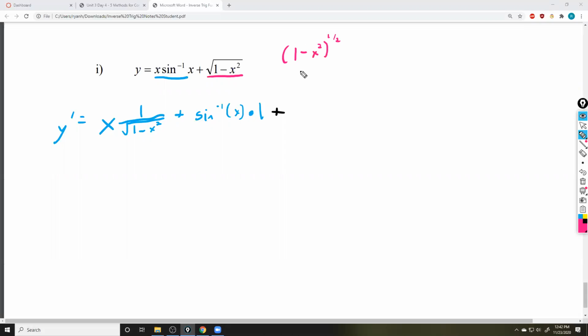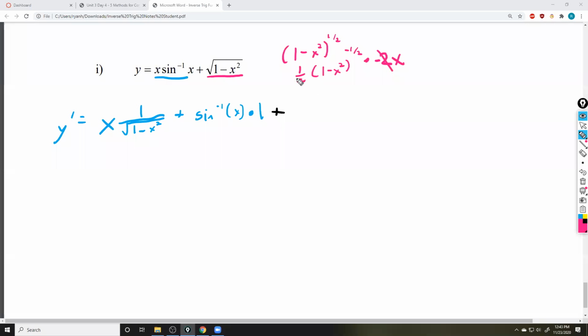So that's going to turn out to be 1/2 times 1 minus x squared to the negative 1/2. But then, of course, we're not going to forget the chain rule. Times the derivative of the inside part. We have a minus x squared, so we have a negative 2x as the derivative of the inside part.